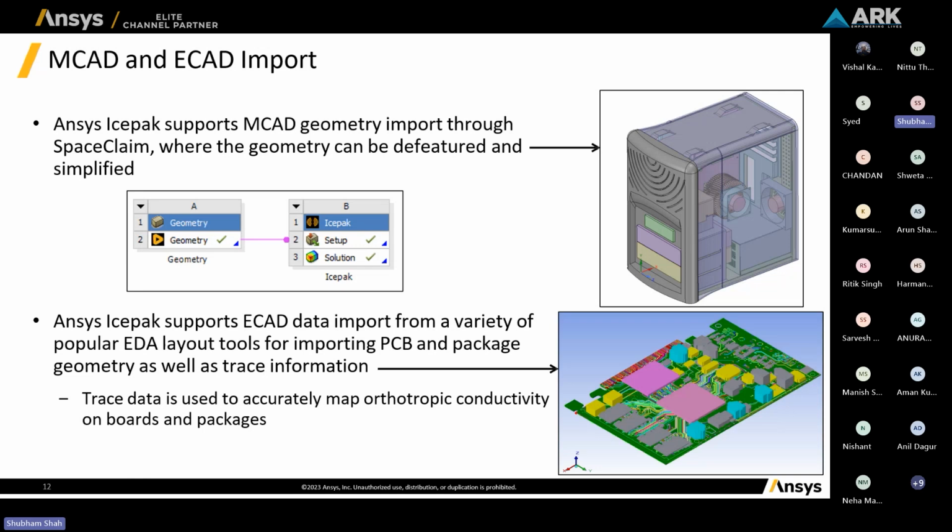In a similar manner, you can also import the trace data. When we say trace data, all the traces present on the board, whether of copper or some other material, you can include those traces, and you can also see what your thermal behavior is throughout your traces. So that can also be observed using Icepack.